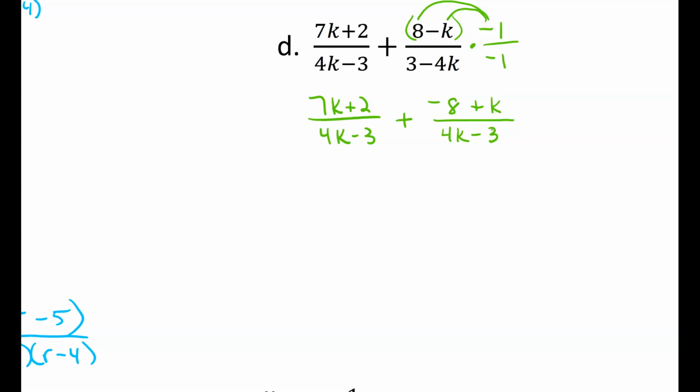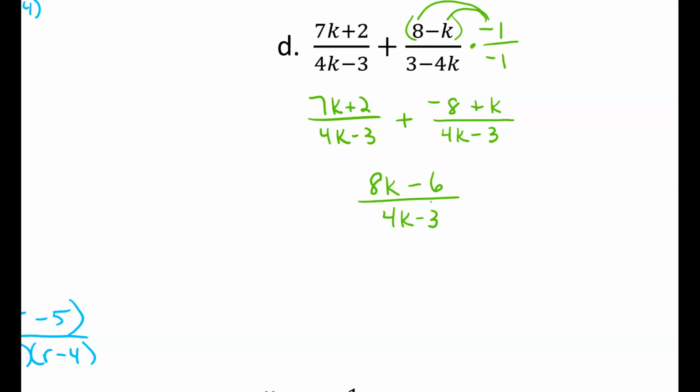All right. So now my denominators are the same, so I'm just going to add across. I have a 7k plus a 1k, that's 8k. And then I have a 2 minus 8, that's minus 6, all over 4k minus 3.